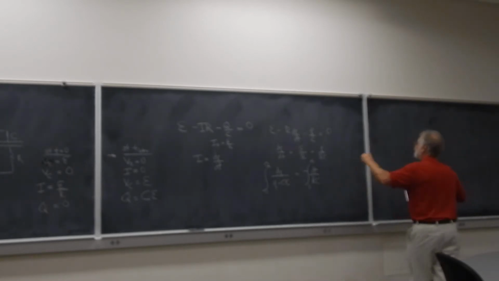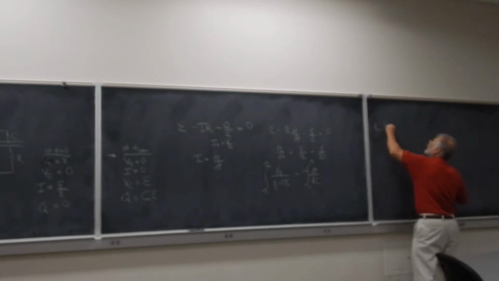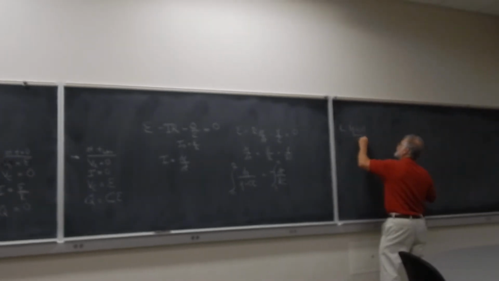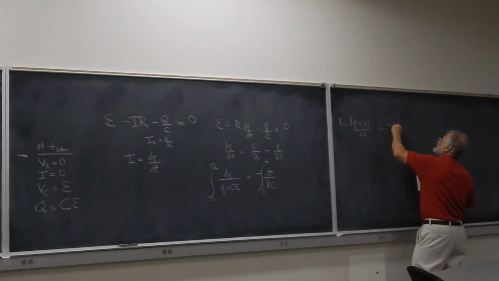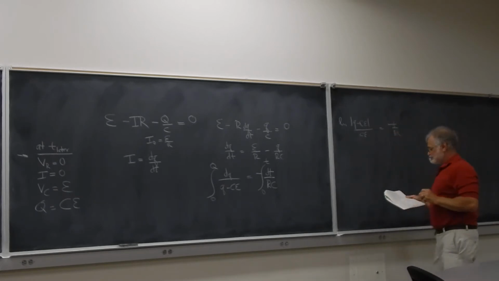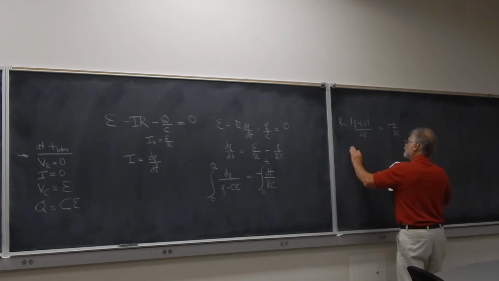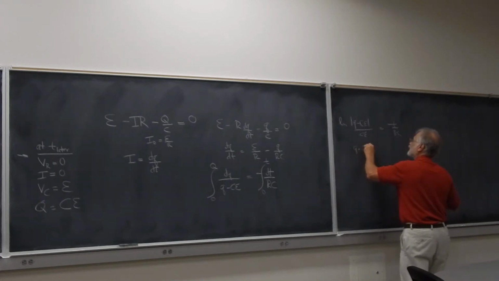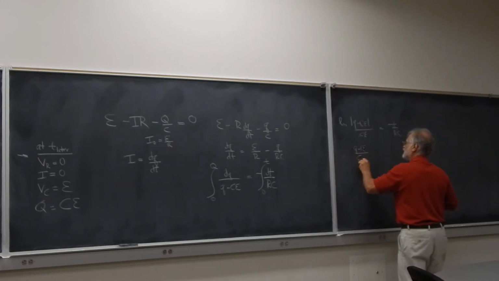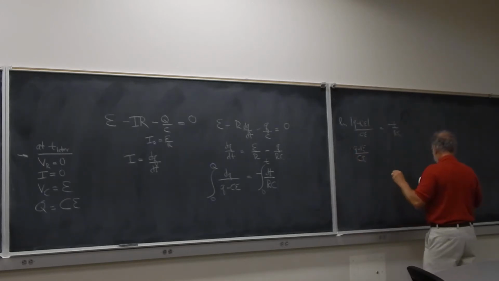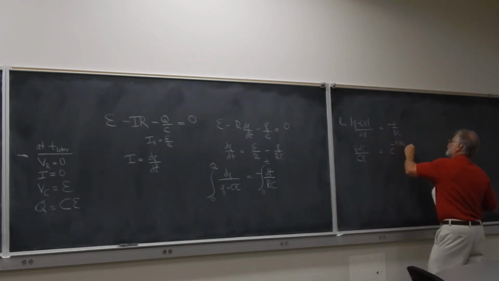So if I do that, I integrate the left side, I get the log of q minus CE divided by negative CE is equal to minus t over RC. And then I want to exponentiate. So if I do e to the log of this, I just get q minus CE over negative CE is equal to e to the minus t over RC.